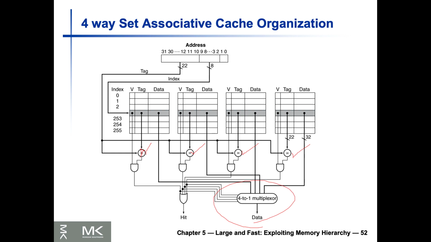So the cache access consists of indexing the appropriate set first of all, and then searching the tags of the set. The comparators determine which element of this selected set, if any at all, matches the tag, and whether the validity bit is set as well, of course. So you see, by increasing this, you're going to need more hardware and a larger multiplexer.